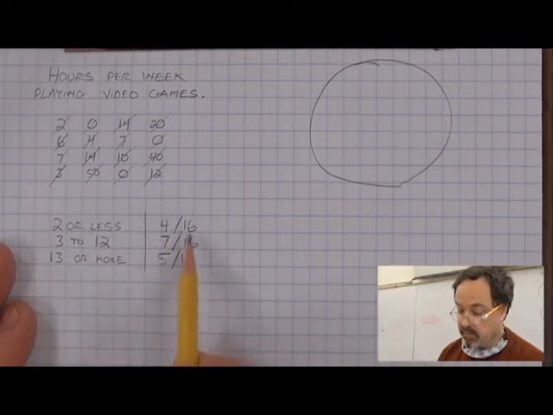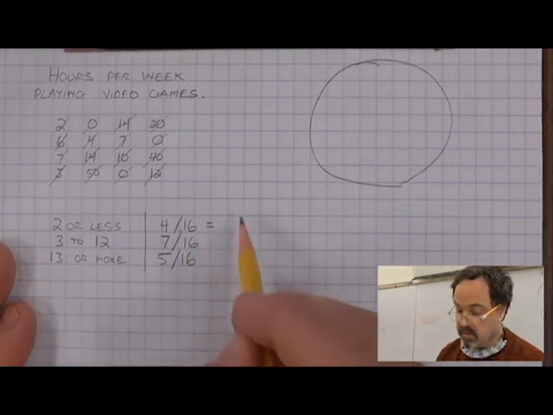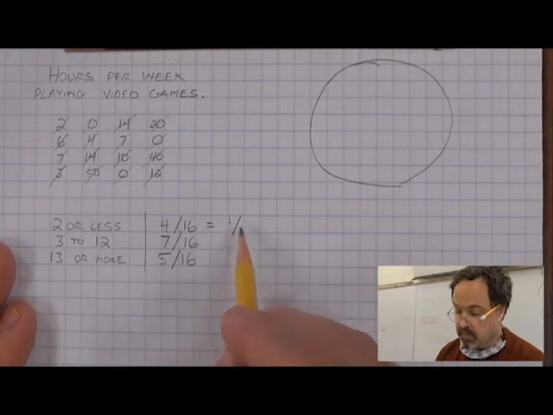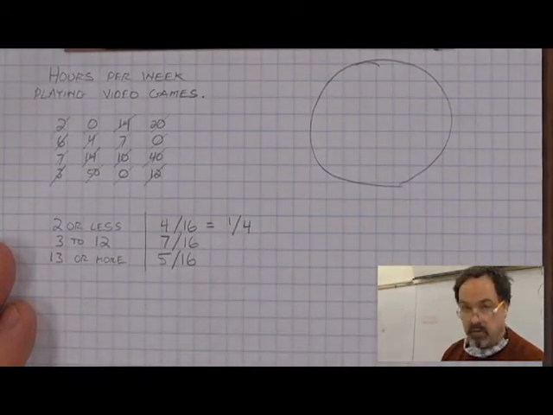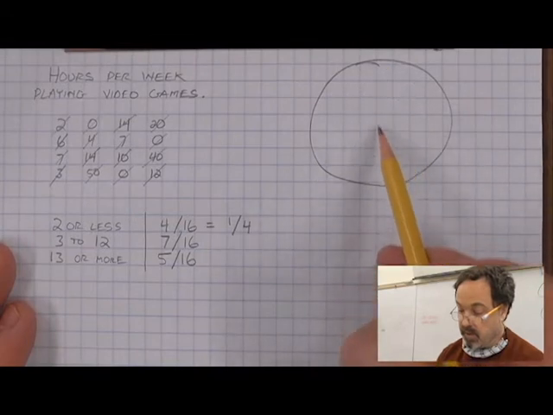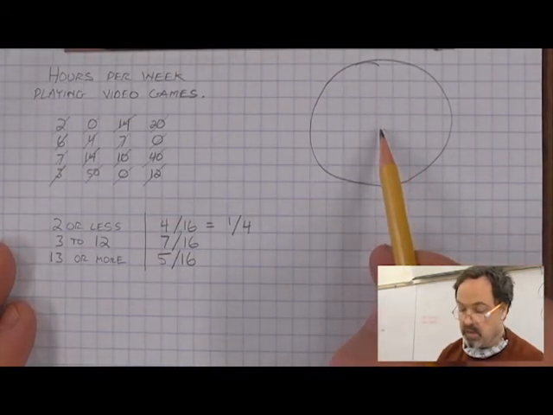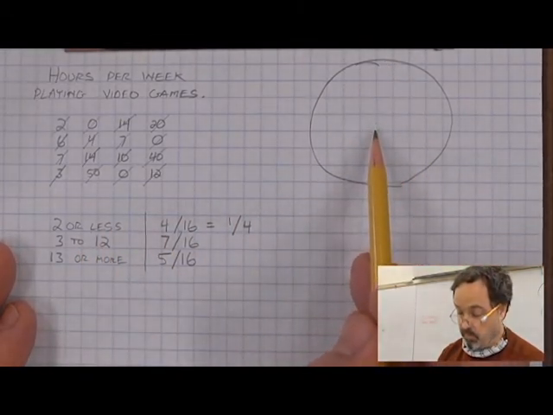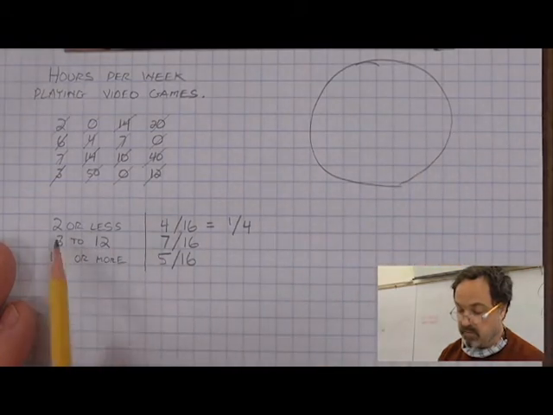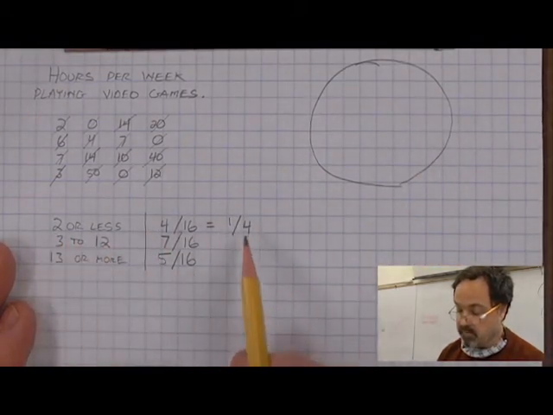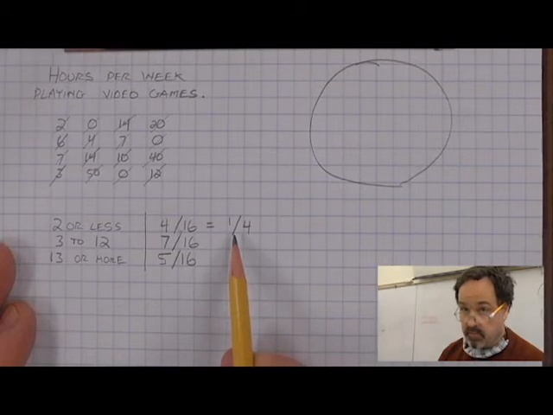Now, the fraction 4 over 16 can be easily reduced to 1/4. So the section of the circle that represents the category of 2 or less is going to be 1/4 of that circle.